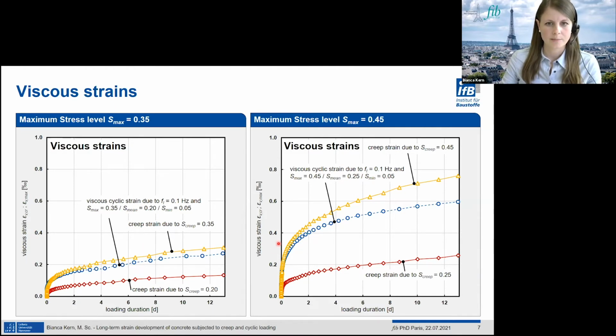Comparing both diagrams, it can be seen that the distances between the curves remain constant for both stress levels.